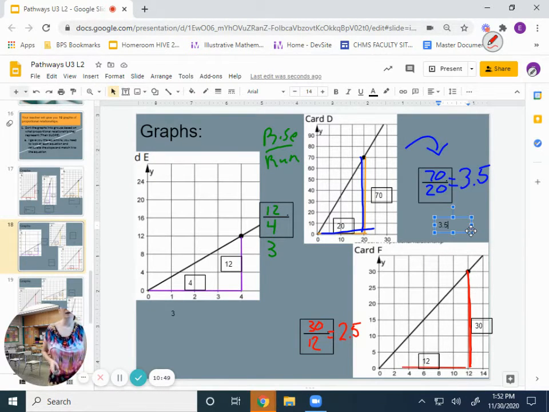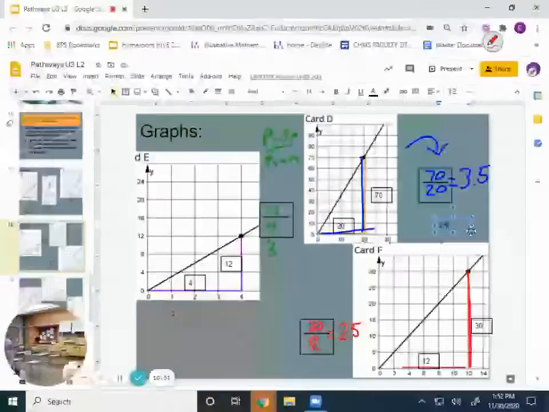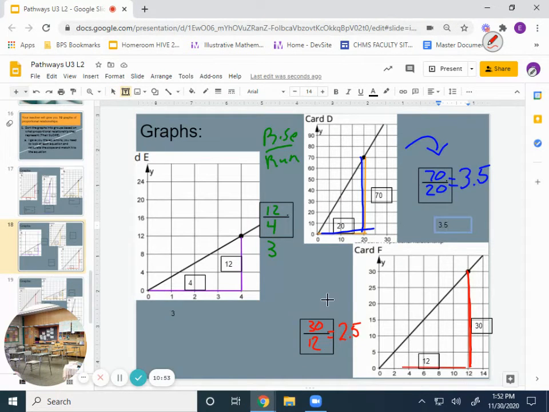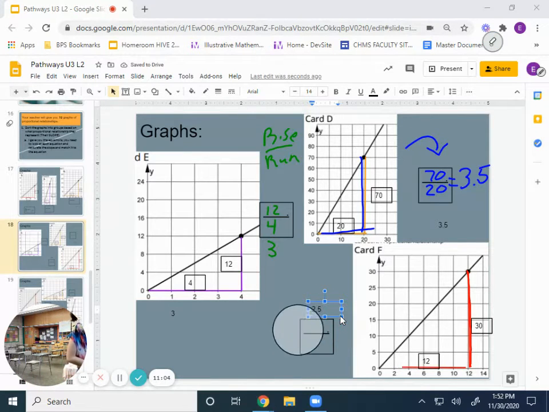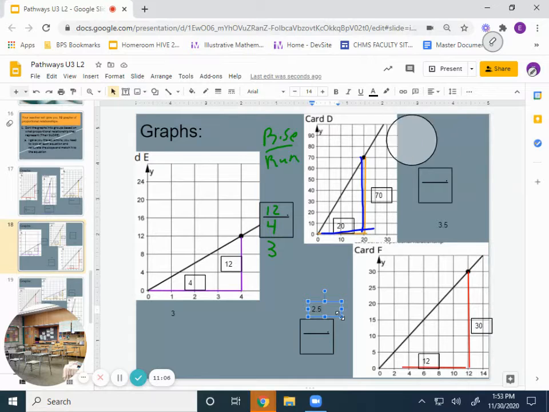Okay? So if I come and I write myself this answer in a text box here, 2.5. Okay? So that is slide number 18. The slopes for slide number 18.